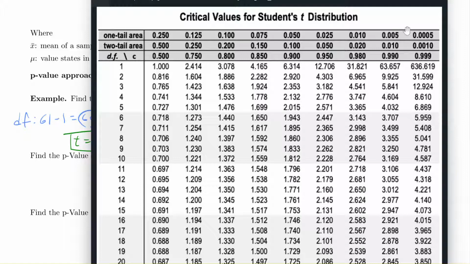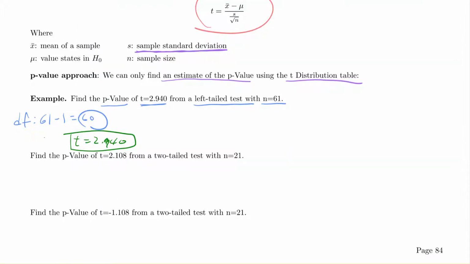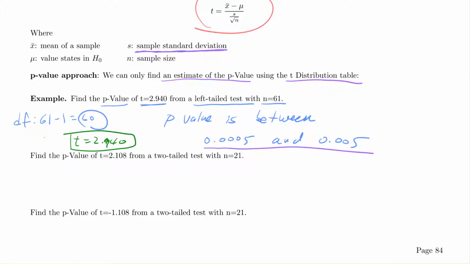So we can estimate that for our problem, the p-value is somewhere between 0.0005 and 0.005. So we get a range for the p-value for t-test statistic problems using the t-distribution table.